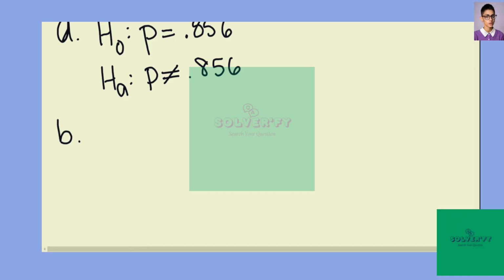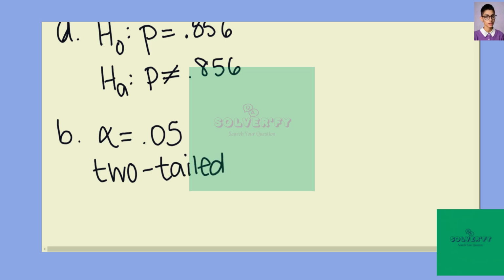We now need to find our critical value. We are given an alpha level of 0.05, and we know this is a two-tailed test since we are looking at if it's different than, or not equal to.